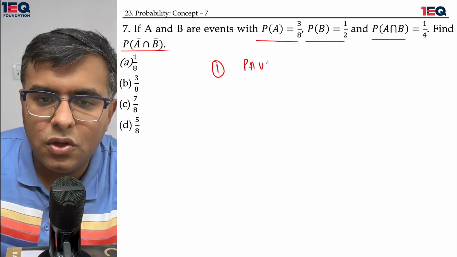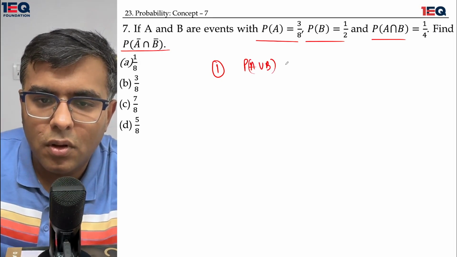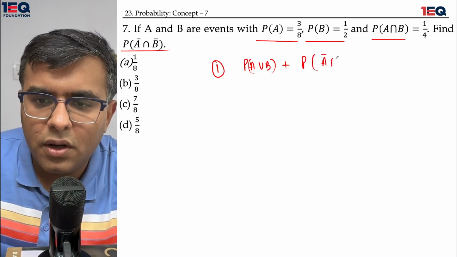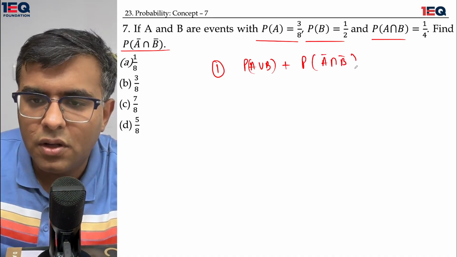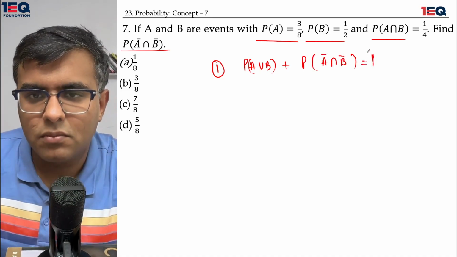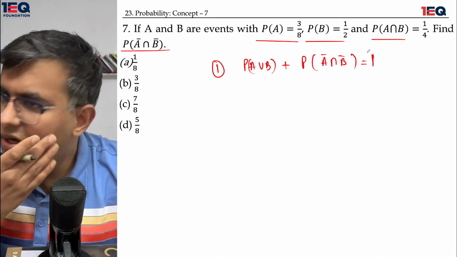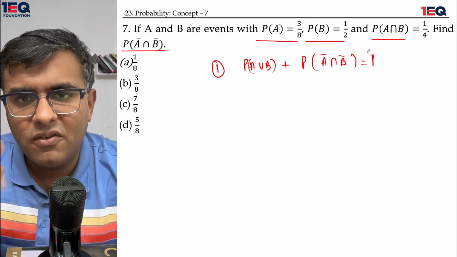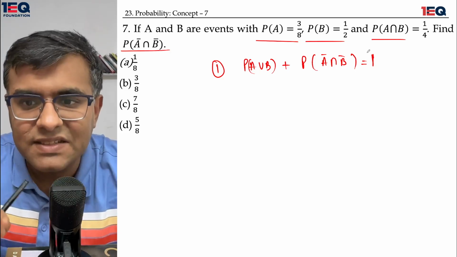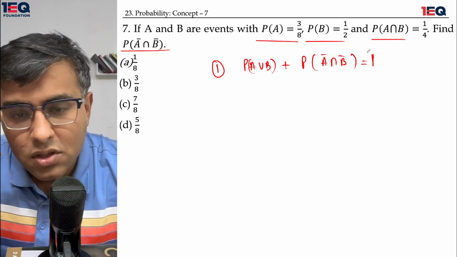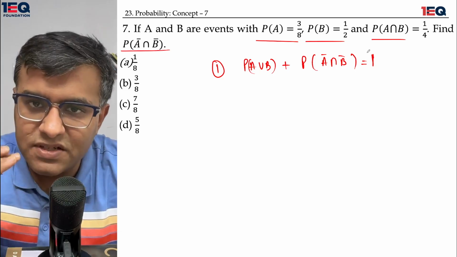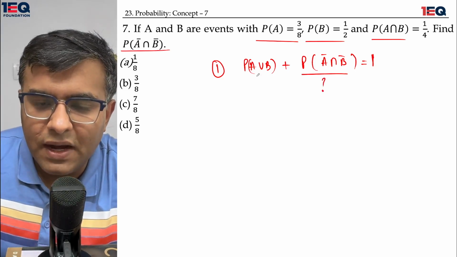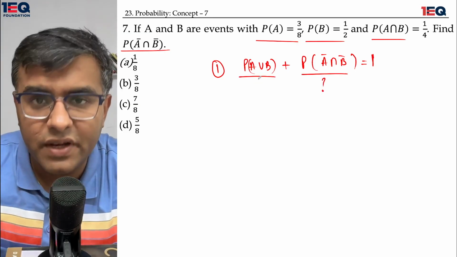P(A union B) plus P(A' intersection B') is equal to 1. Okay? The probability of the union of the two events plus the probability of neither of the two events occurring is equal to 1. So after this equation has been established, my answer becomes very easy, because I can derive this from the information given at the top.